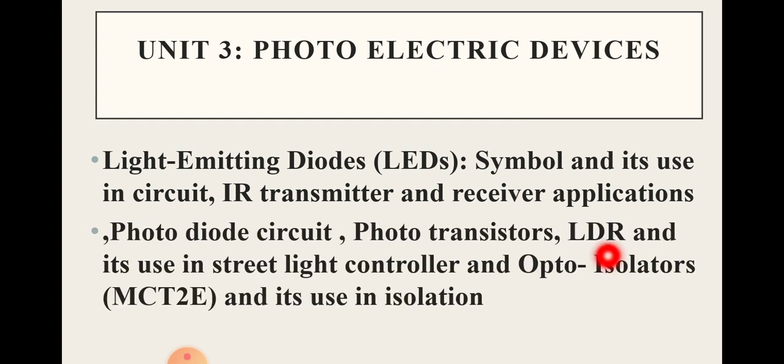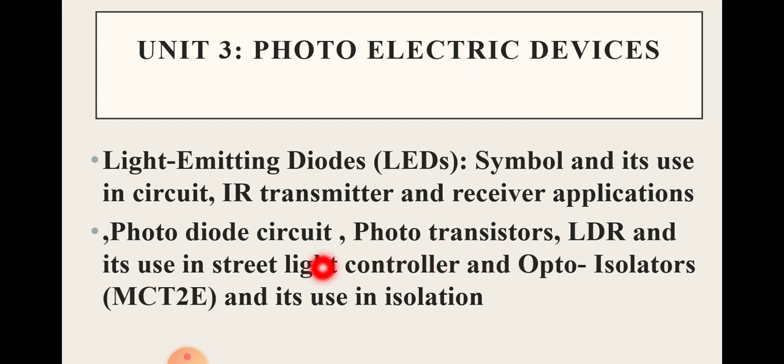Next topic is photodiode circuit. In these topics, the circuits or components used are based on photo, meaning light. The first point is photodiode circuit. Next one is phototransistor. All these work on light itself. Then LDR, light dependent resistor, and its use in street light controller.